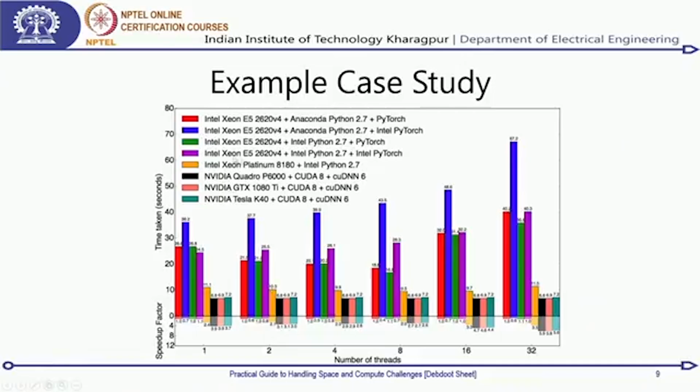If you look at the Intel Xeon Platinums, they are almost comparable to a GPU, and this is an interesting factor, because they come close to a GPU, and you might not even consider using a GPU at any point.